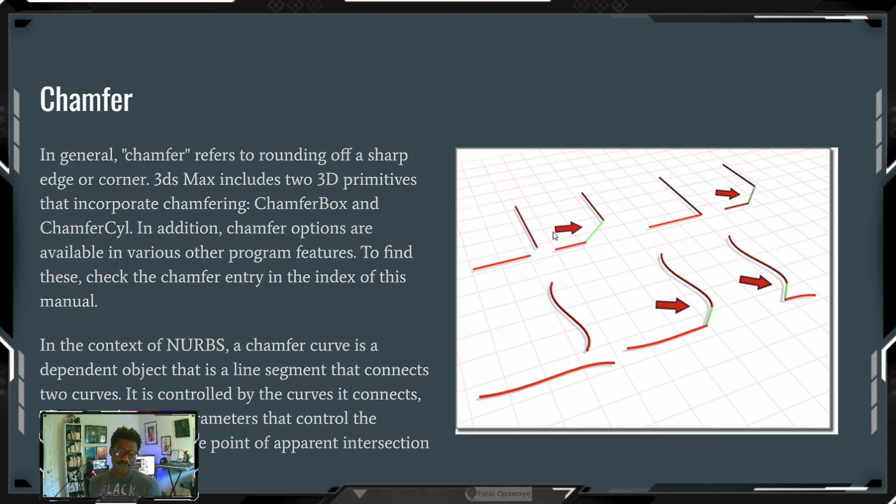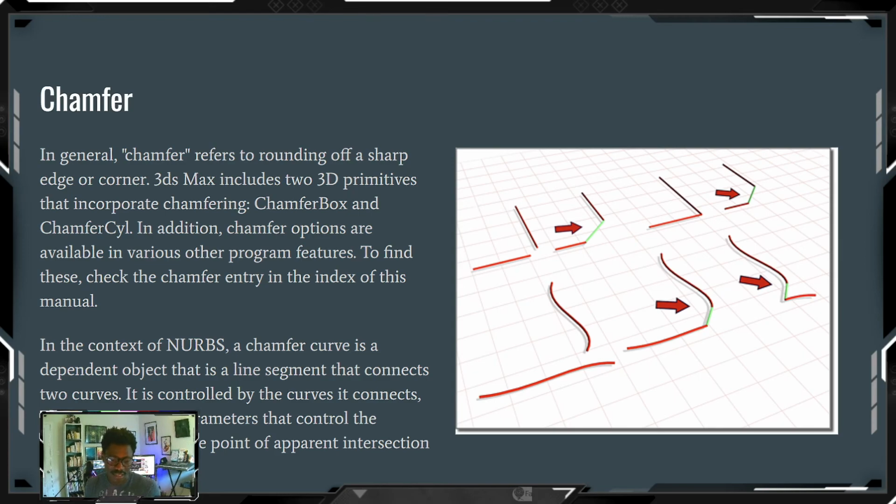So the chamfer, in general, chamfer refers to rounding off a sharp edge or corner. 3ds Max includes two 3D primitives that incorporate chamfering: a chamfered box and a chamfered cylinder. In addition, chamfer options are available in various other program features. To find these, check the chamfer entry in the index of this manual.